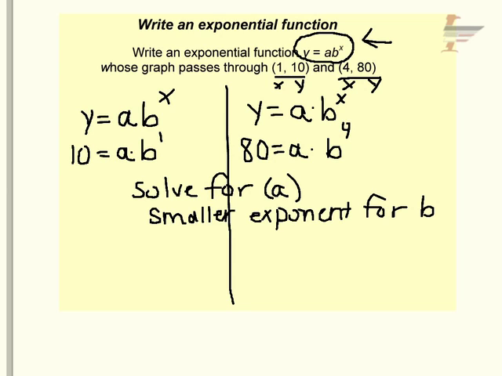So in that case, it would be this equation, because b is to the first and here is to the fourth. So if I solve that equation for a, I'm going to divide by b, so that's easy.